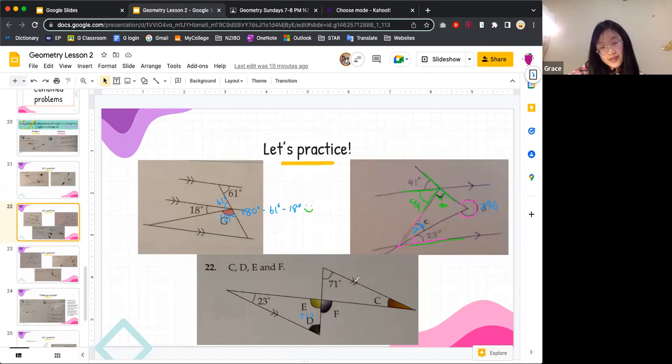And the reason is because I've got these two lines, and voila, I've got a Z right here, alternate angles, right? Nice.